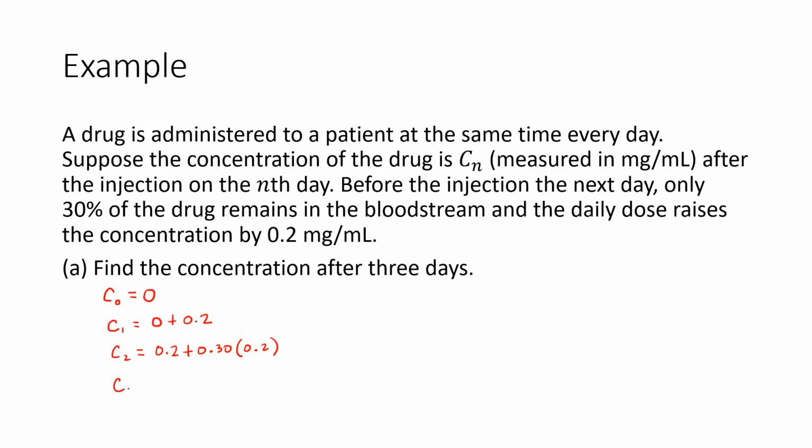And then by the third day, we're taking the amount that we had, C2 here, and that's going to be reduced by 30%, and then we're adding another 0.2 to that.